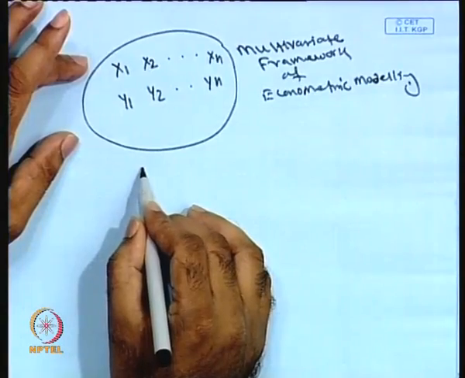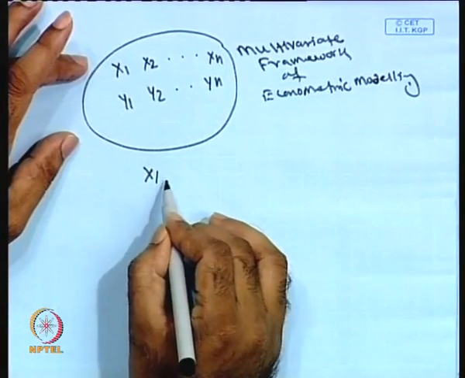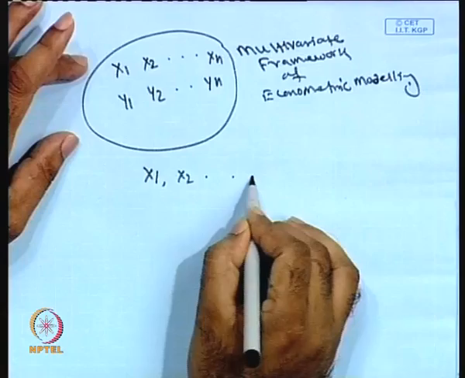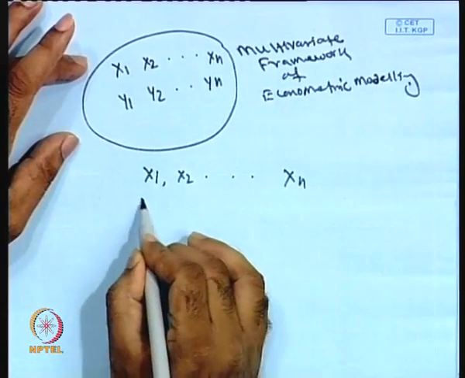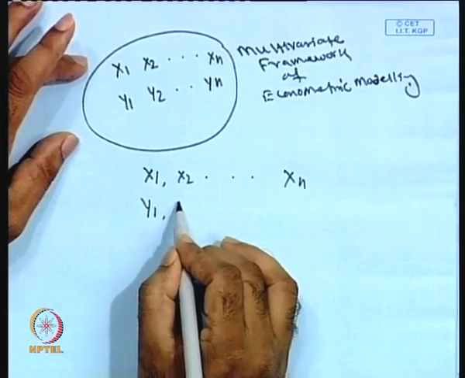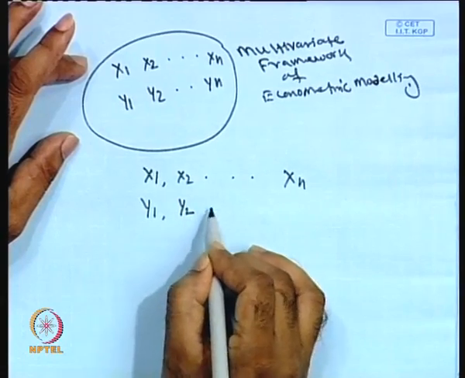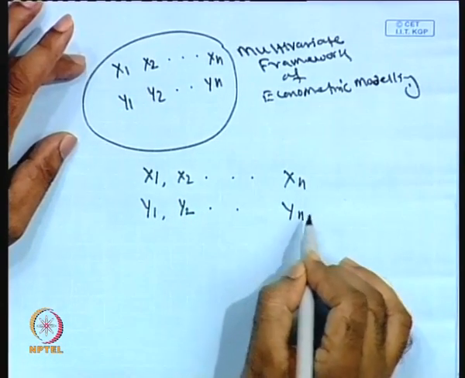If we go through this multivariate framework of econometric modeling, then usually we have two different sets of variables. One set of variables is called x1, x2 up to xn, and another set of variables is called y1, y2 up to yn.